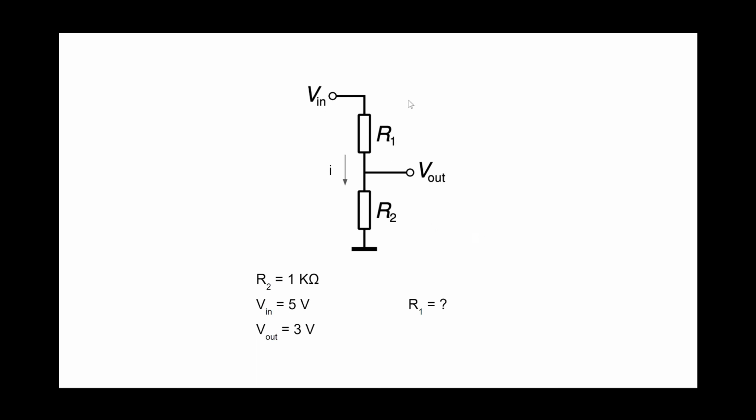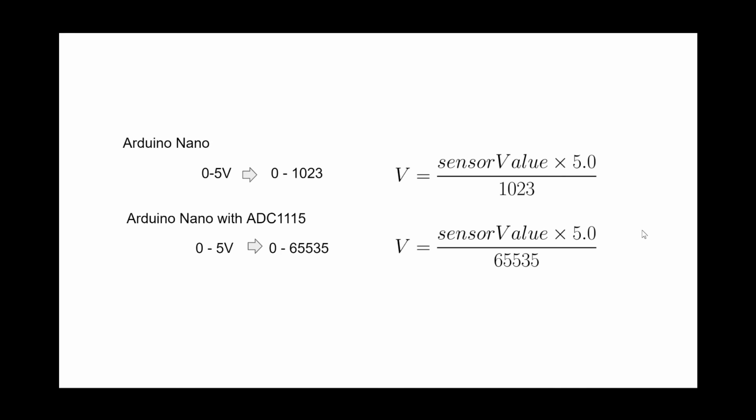Therefore, R1 should be 2/3 times R2. R1 in this case is 666 ohm. So we found the answer. If you know R2 exactly, and if you could measure Vout, you will be able to calculate the resistance of the sensor. But one question still remains.